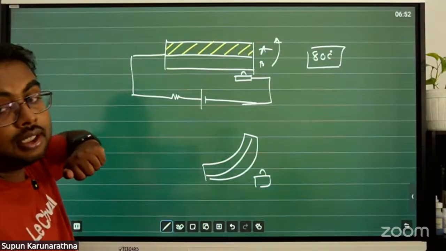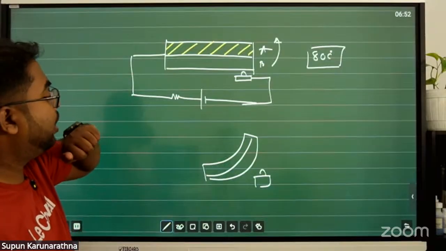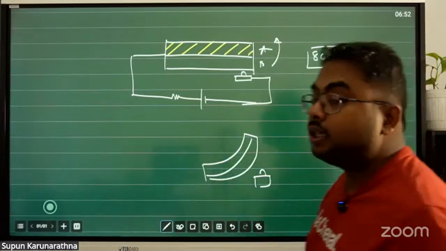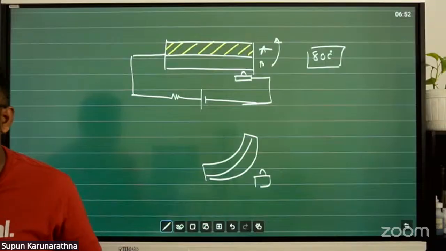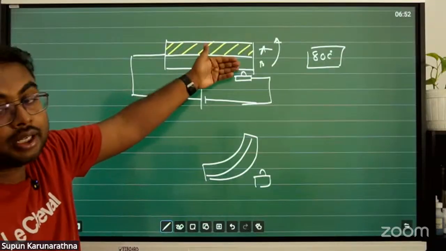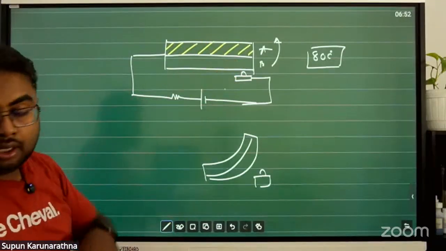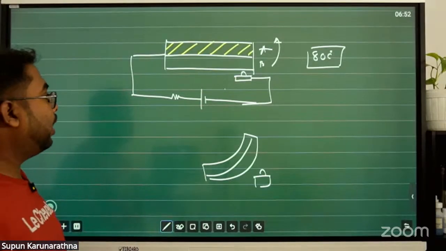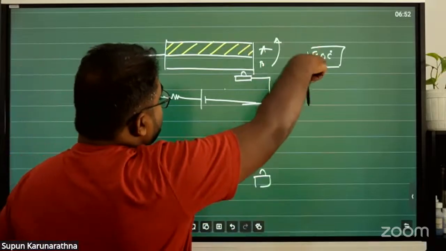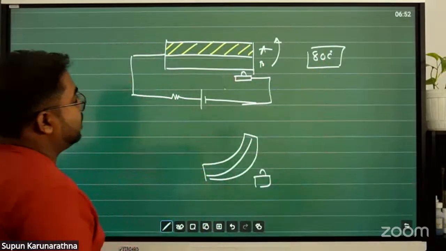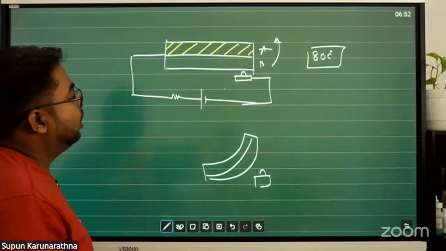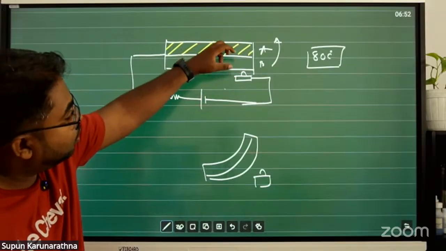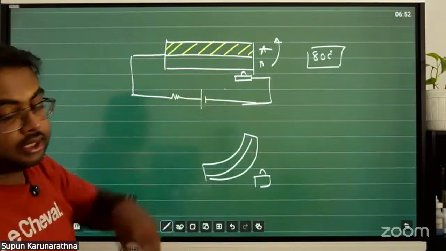Because those two metals have different expansion properties, so the switch automatically turns off. When the heat reduces and the temperature returns to the previous value, the strip comes back to its original position and the connection starts again.